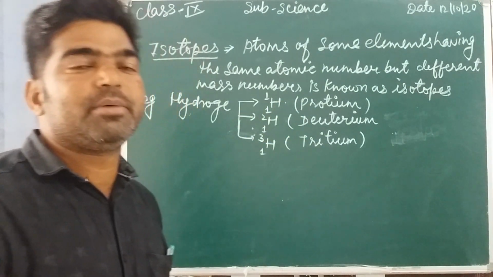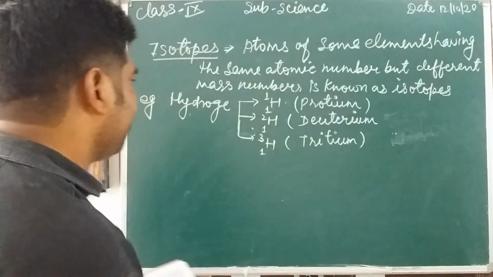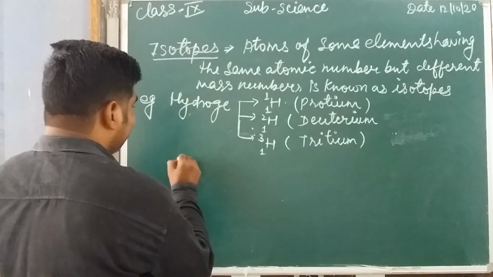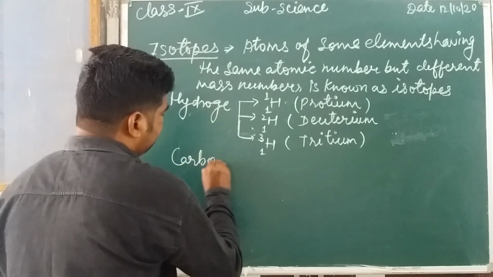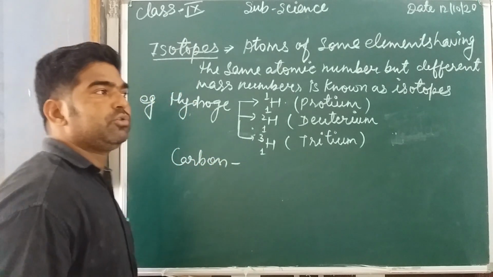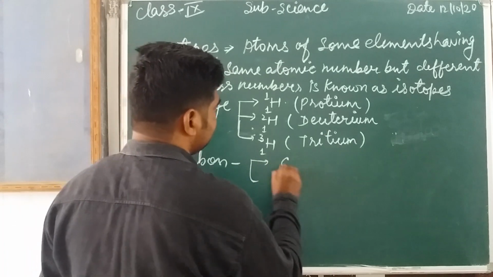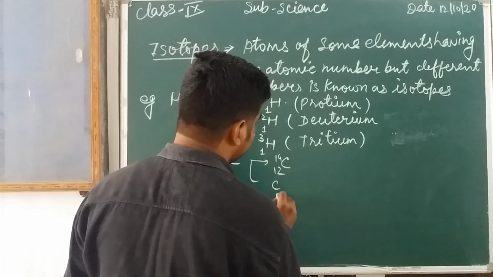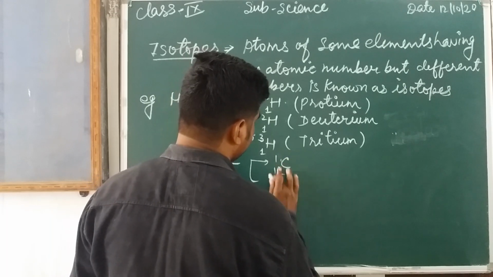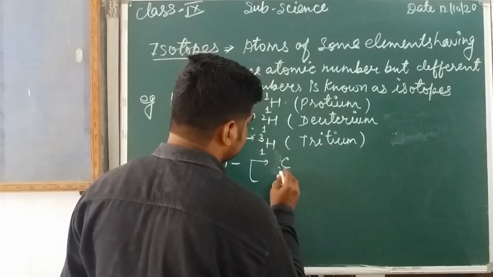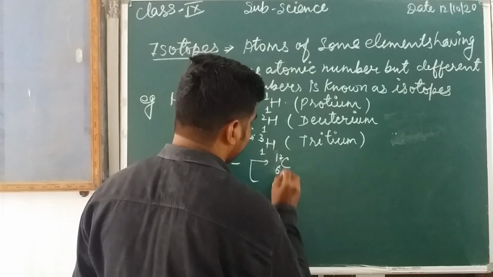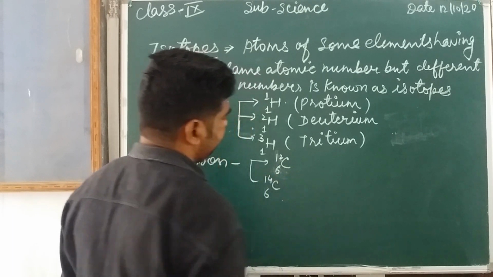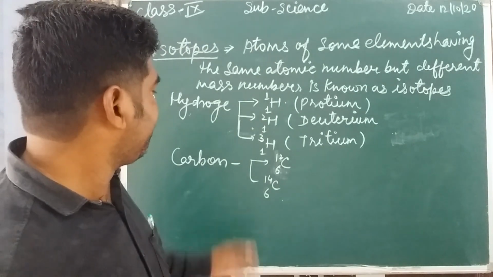So this type of atom is called what? Isotope. For more examples, isotopes of carbon and chlorine. Carbon also has two isotopes, carbon-14 and carbon-12. These are the two isotopes of carbon.